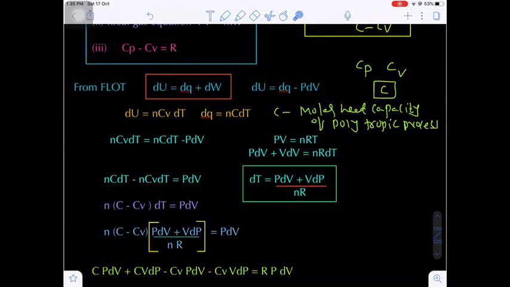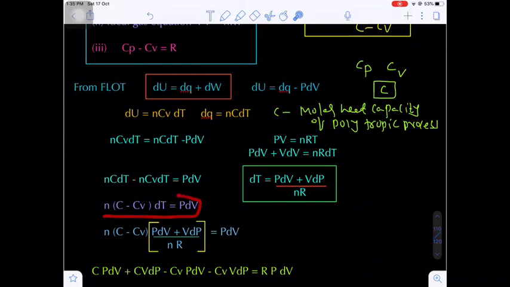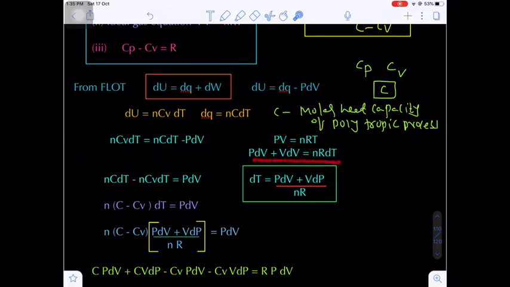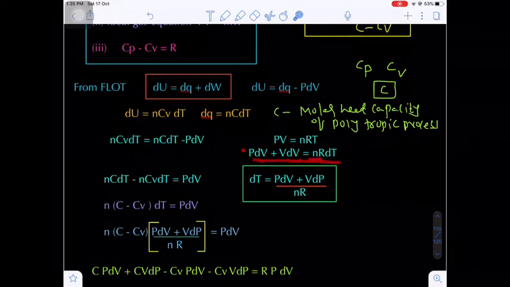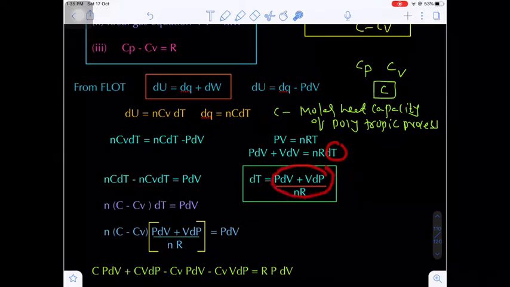From here, if you take the common dT on both sides, you will get n into (C minus Cv) into dT will be equal to P dV. Now from the ideal gas equation PV is equal to nRT, on differentiation, P dV plus V dP is equal to nR dT, since n and R are constant. So dT will be equal to (P dV plus V dP) by nR.